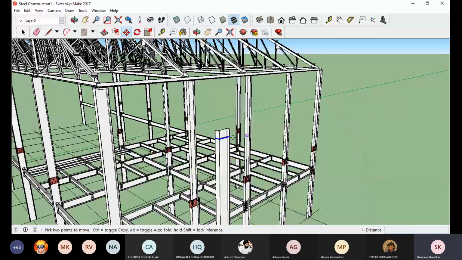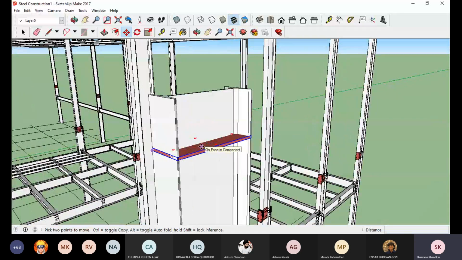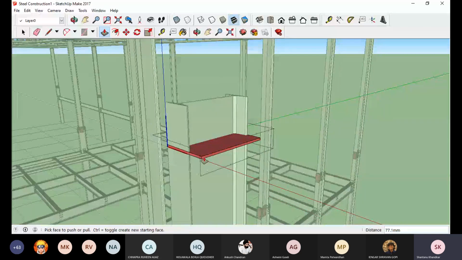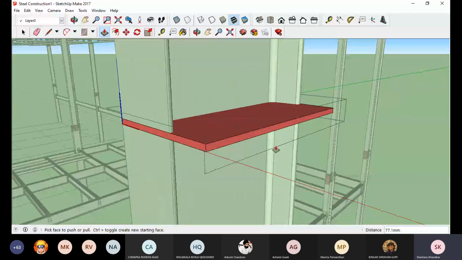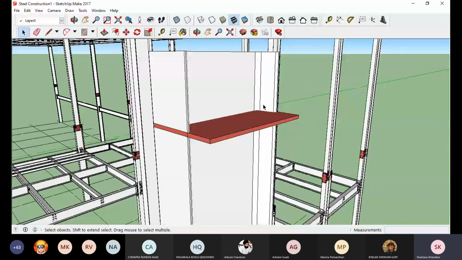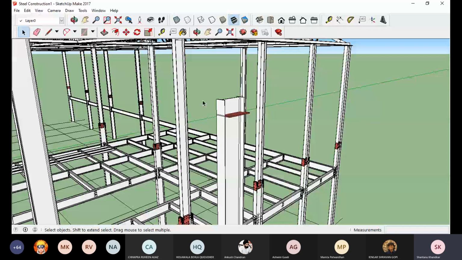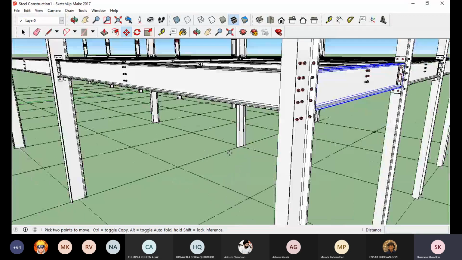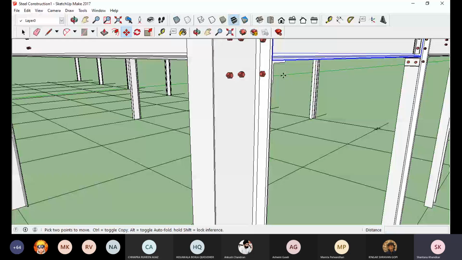Now all I have to do is maybe extend this plate a bit. Of course, I would cut it because I'm not going to do all of that now, but just to explain what I mean. Now this is obviously not going to be cantilevered like this. You would have an angle cleat below and all that to support this plate, but then your beam could come and sit on that plate.